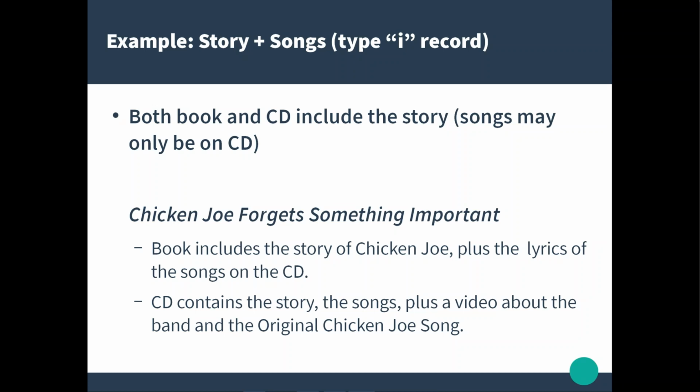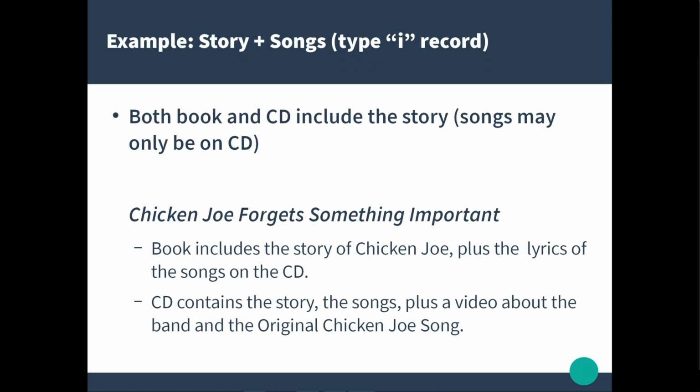I was wanting to see it because I thought it might help me when you described why you chose I. And you said it's because the story seemed like the most important part, like the songs were kind of an extra added on. Right.